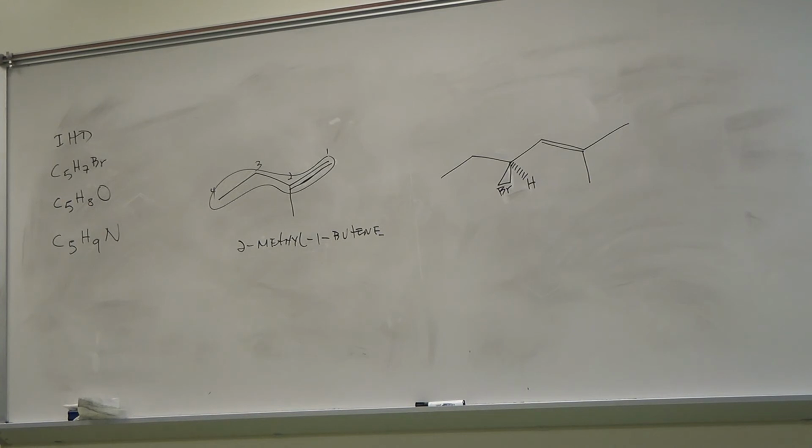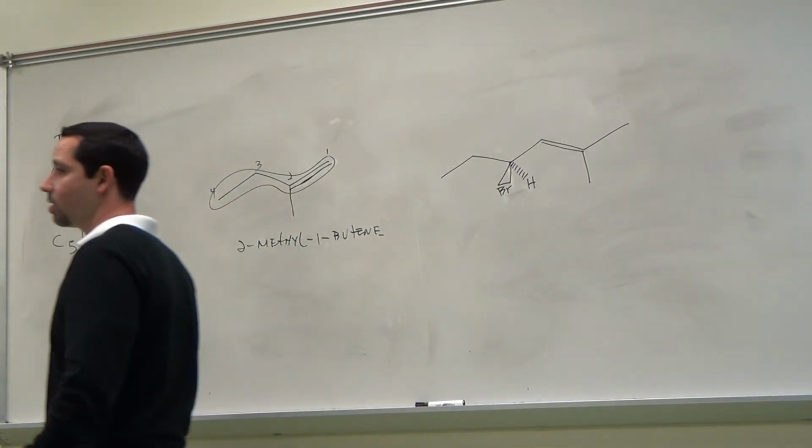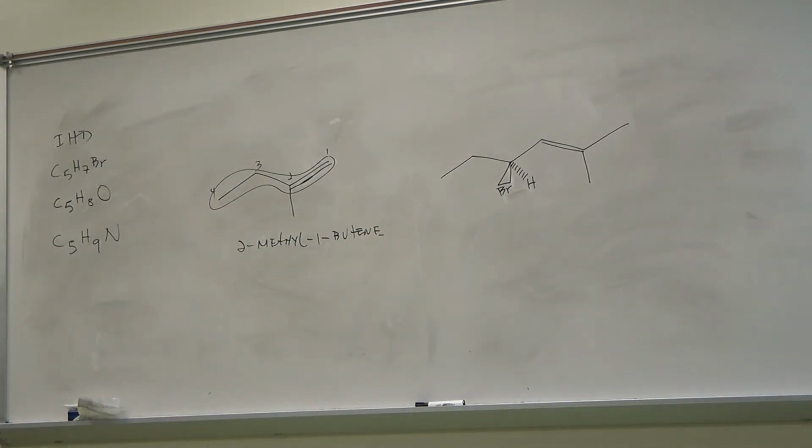So it's going to be 1, 2, 3, 4. So it's going to be 4 bromo. 4 bromo hexene. Is it 1 methyl 4 bromo hexene? And then it's 2 hexene.